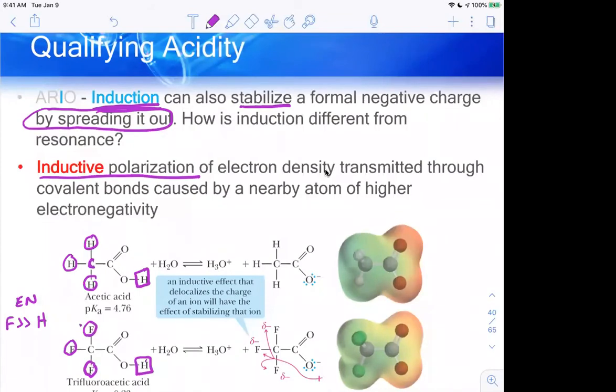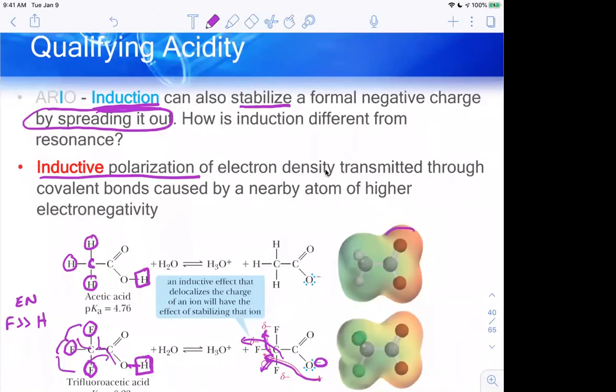So these atoms are more electronegative, and what they're doing is they're pulling electron density away through these bonds from this bond here. So this negative charge that is on that conjugate base has got this sort of pull, right? These electrons are inductively stabilized because the electronegativity of the fluorines is sort of pulling this negative charge this way, which in a sense is going to delocalize it.